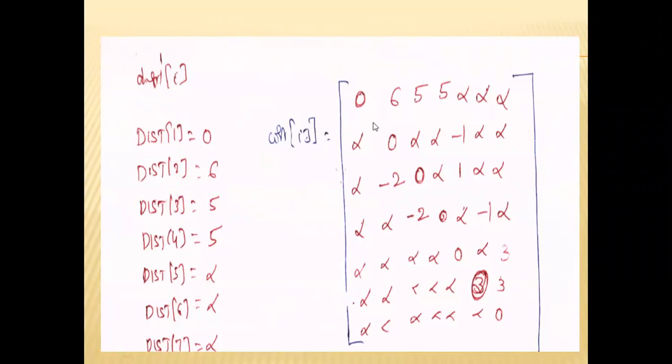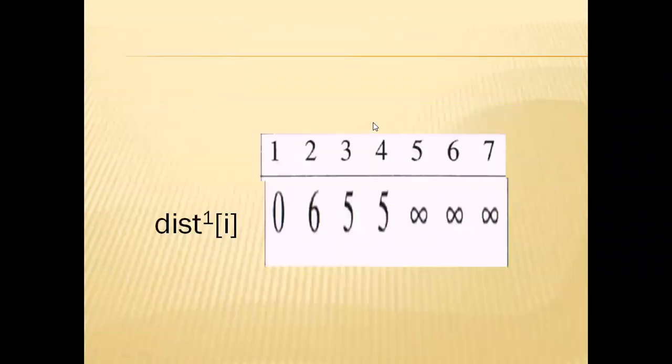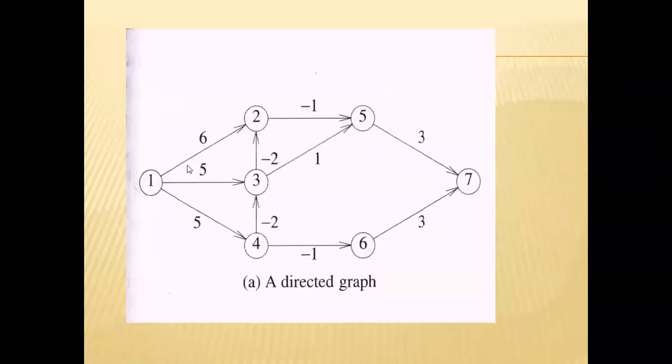The matrix represents the given graph, which is already given. For the given graph, initially we are finding the shortest path by using a single edge. Single edge means direct; initially we consider the graph with single edges. Suppose the shortest path from 1 to 2 is 6.